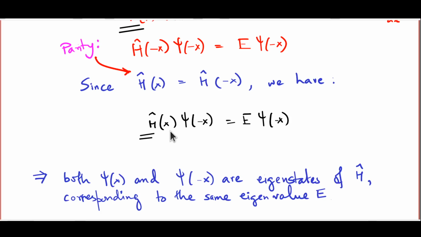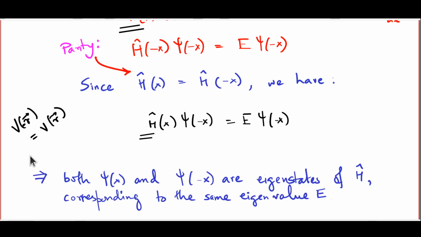By the way, this will work in 3 dimensions as well. If you have a potential which obeys V(-R) is the same as V(R), so if the potential has the symmetry under inversion, which of course all potentials don't, but a very important class of potentials, the central potentials, do obey this particular property, because the central potentials of course depend only on the length of the vector R, and -R and R, these two vectors of course have the same length.